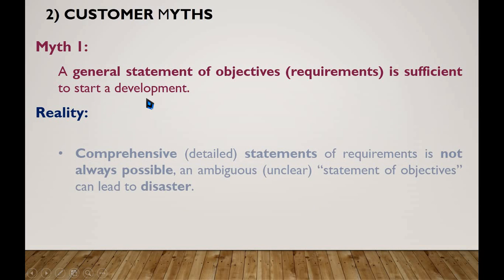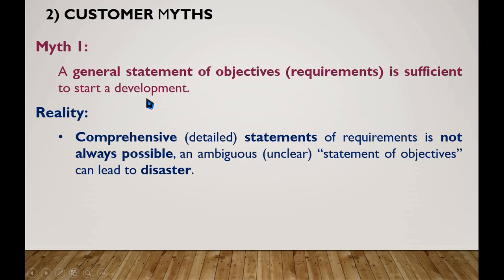Why? Because reality says a detailed statement of requirements is not always possible. An ambiguous statement of objective can lead to disaster. It means if we start working on a simple requirement and go off track in our project development, it can cause a disaster.